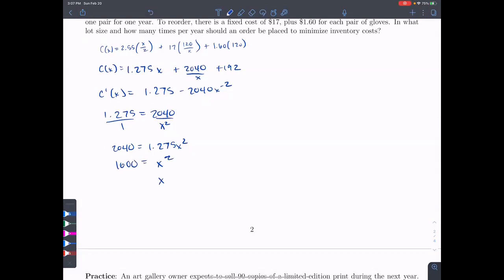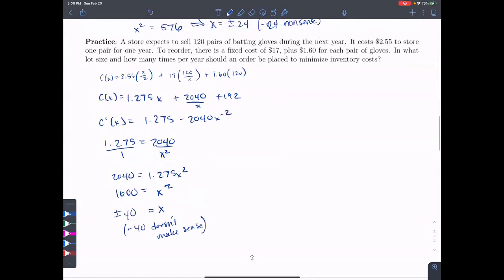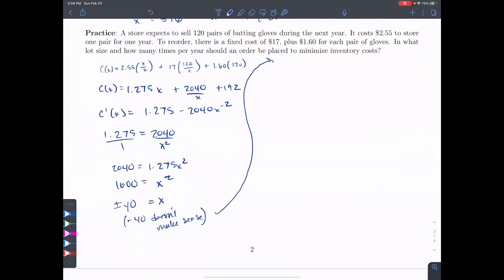So x is plus or minus 40. Again, negative 40 doesn't make any sense. So you're going to go with positive 40. The lot size is 40. So 120 divided by x, which is 120 over 40, which is 3 orders to minimize the inventory cost.